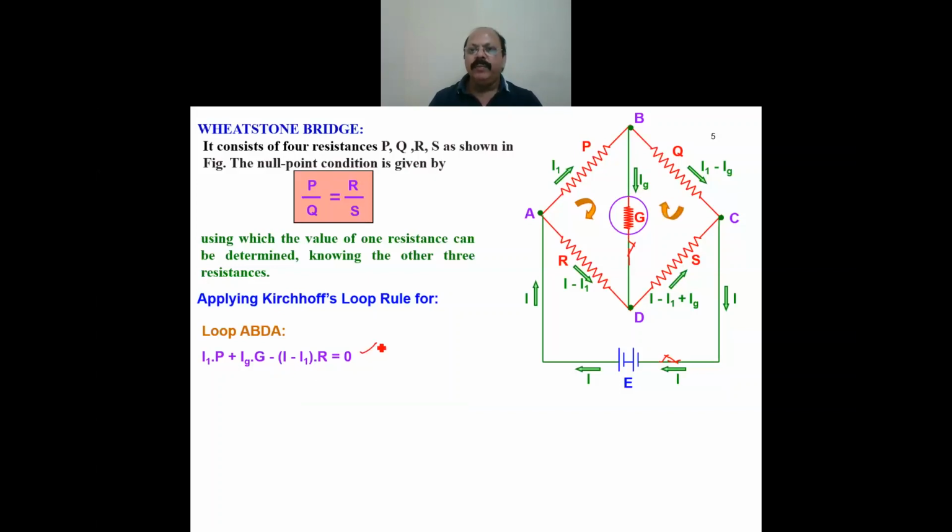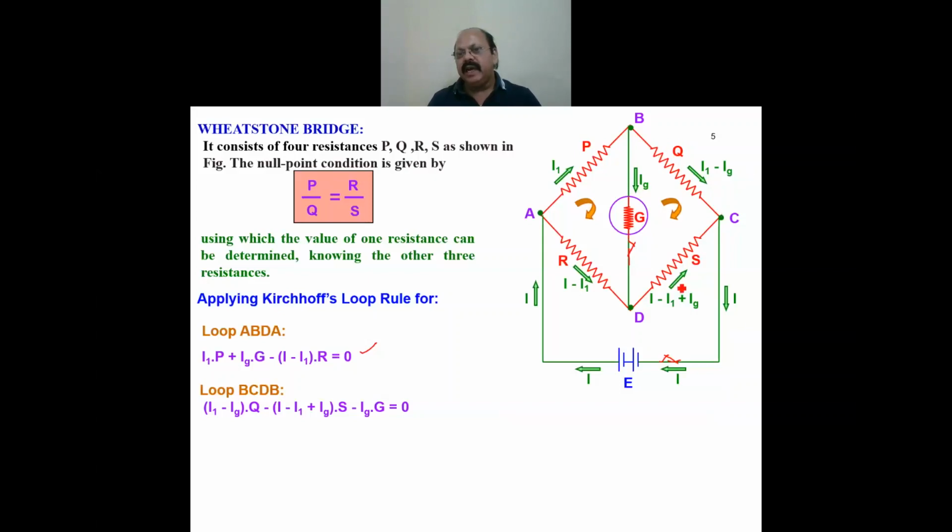Similarly, you have to apply Kirchhoff's KVL in loop B, C, D, B. Here again there is no cell, so the EMF is 0. In that condition, you can see that I1 minus Ig is in the same direction as the loop, so the product is positive.